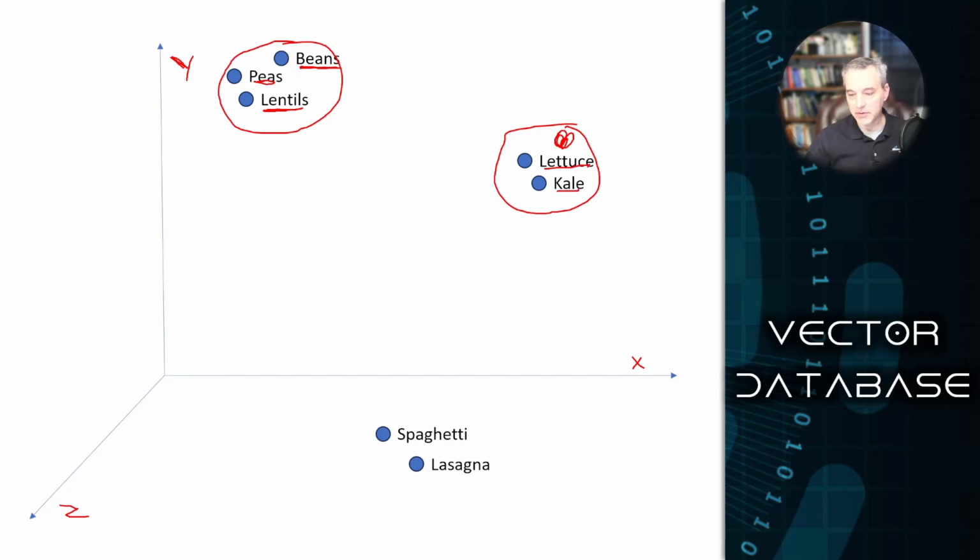Similarly, if I was searching for something like pasta, I'm probably going to get a vector right here, and then I'm going to do analysis to figure out what's closely related to it, and therefore I'm going to get these results in my search results.